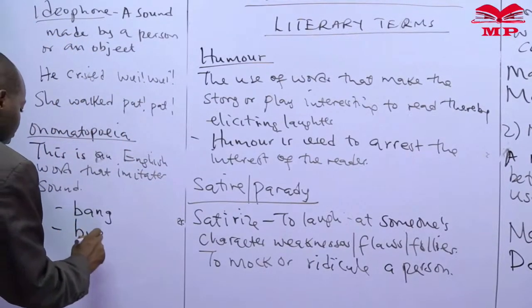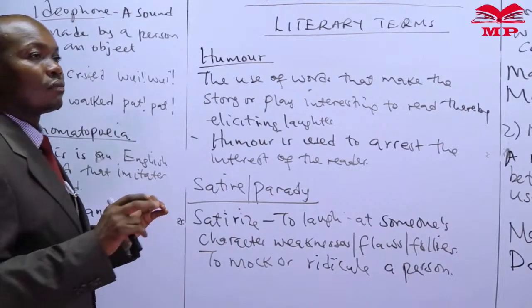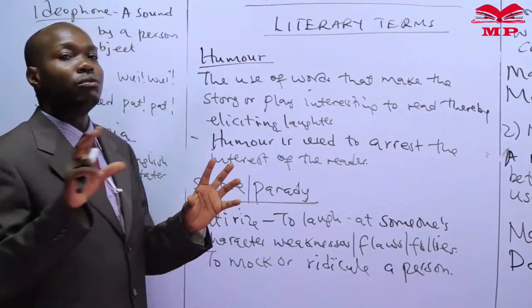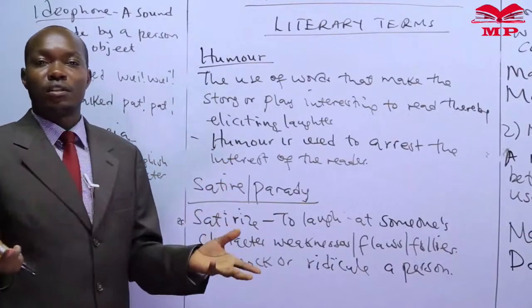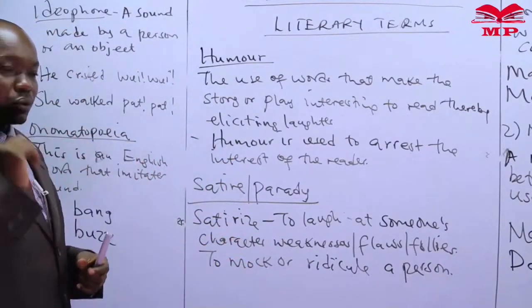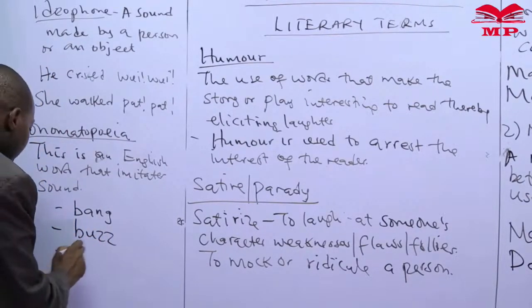The word buzz. When bees are moving, they make a sound like zzz, zzz. Now that's buzzing. That zzz sound and the word buzz are almost the same. The word hiss.